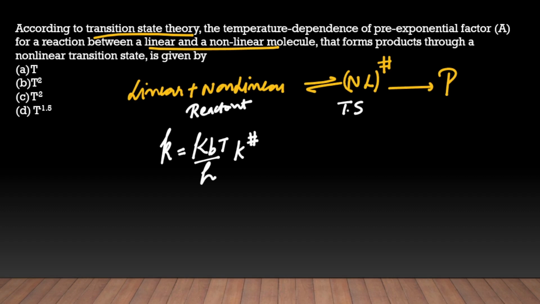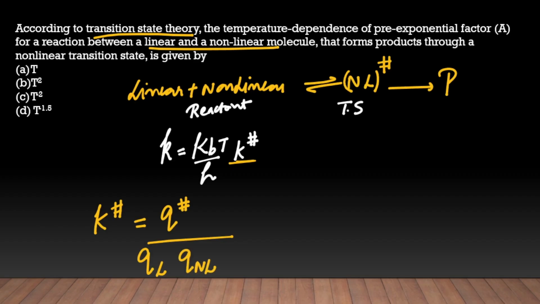Now this K dash is the equilibrium constant, which is the partition function of the transition state, and in the denominator it will be the partition function of the linear molecule into the partition function of the non-linear molecule. So this is basically your equilibrium constant, that is K dash. So product concentration upon the reactant species, their partition functions are involved in this.